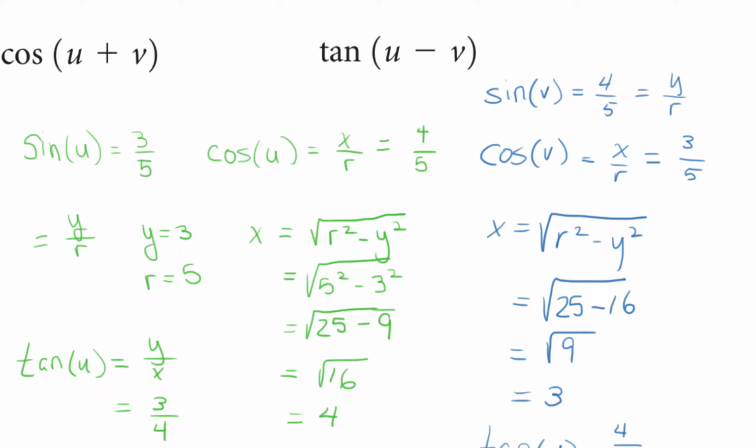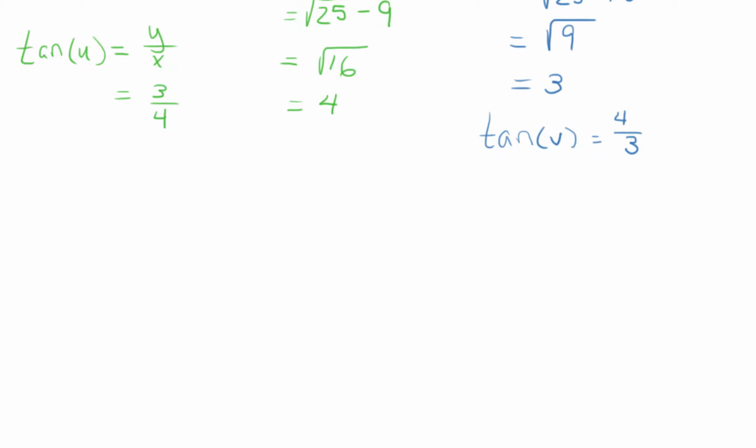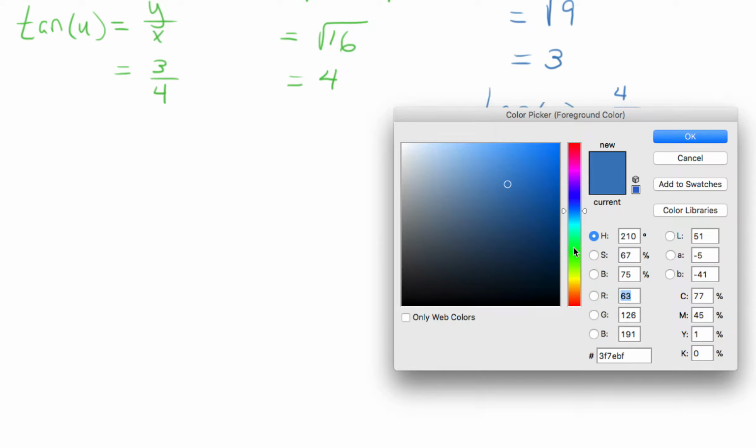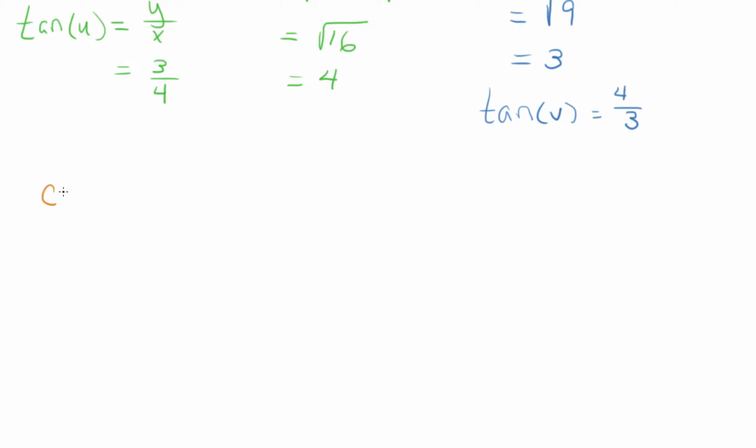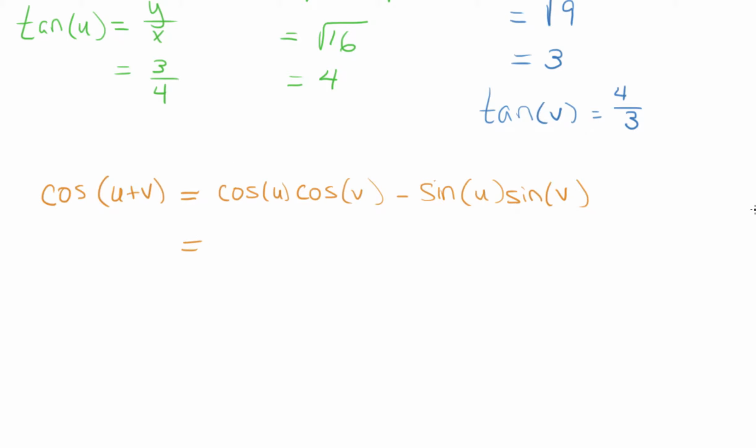So now we have all the information needed to find cosine of u plus v and tangent of u minus v. So cosine of u plus v, use a different color now, different part of the problem. Well, you should know by now that the cosine of u plus v is equal to the cosine of u times the cosine of v minus sine of u sine of v. Now what is cosine of u? Well, we calculated that.